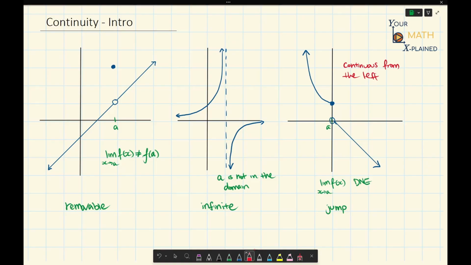However, it is not continuous from the right because the limit from the right side is over here, but f of a is over here. So this is not continuous from the right.